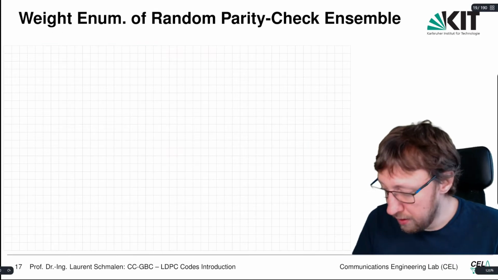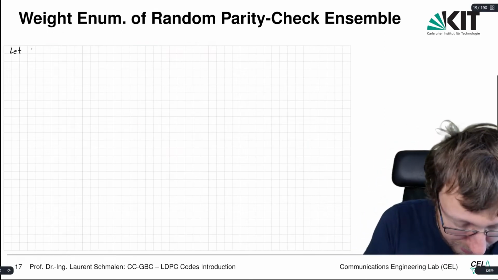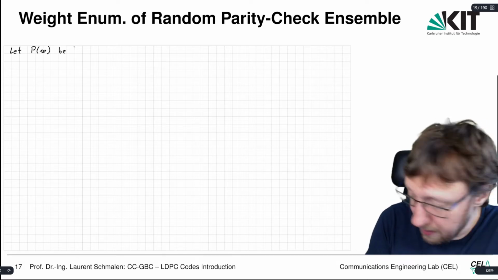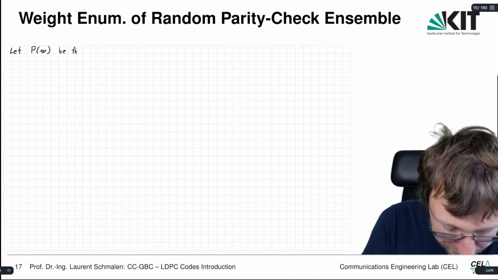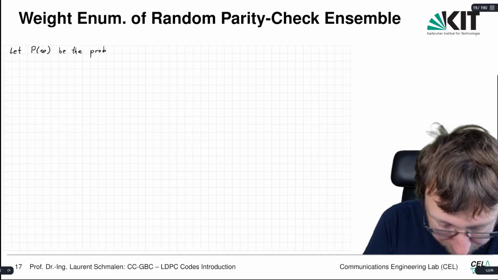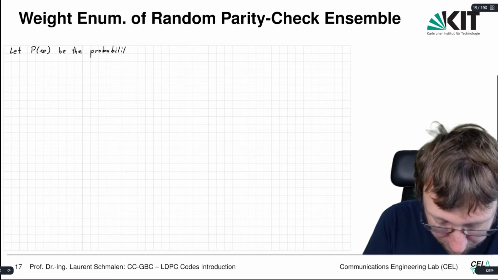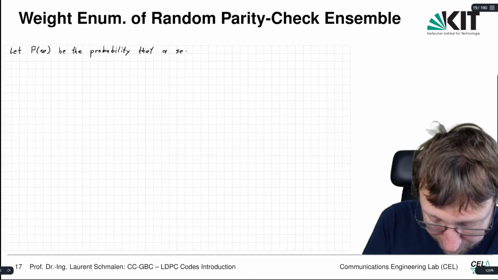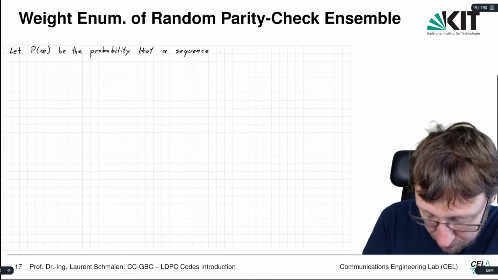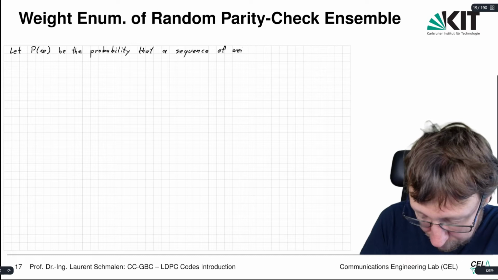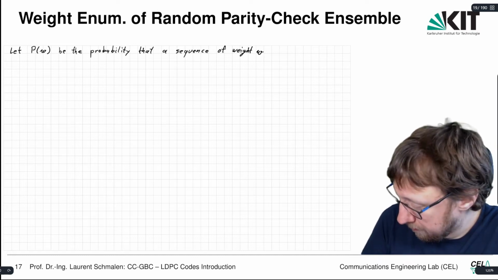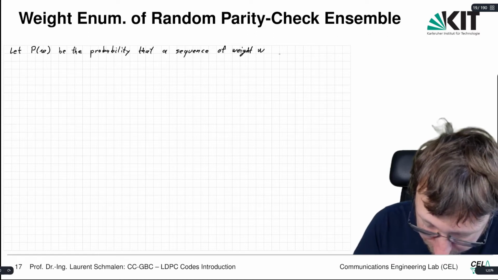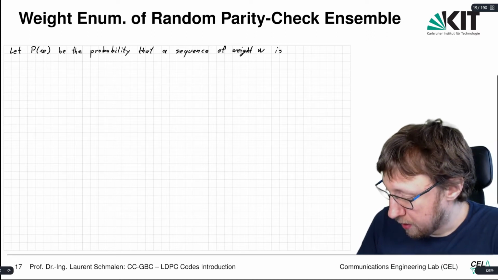So for this, we define the probability P_w. P_w is the probability that a sequence or vector of weight w is a code word.